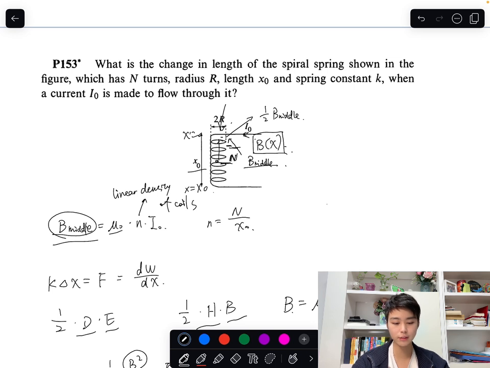So next time when you're doing any problem associated with these conducting coils or spiral springs that have a spring constant, you're going to use this method: calculate the energy and differentiate it with the length, so you can get the force.